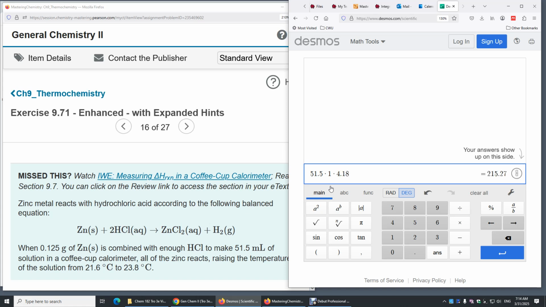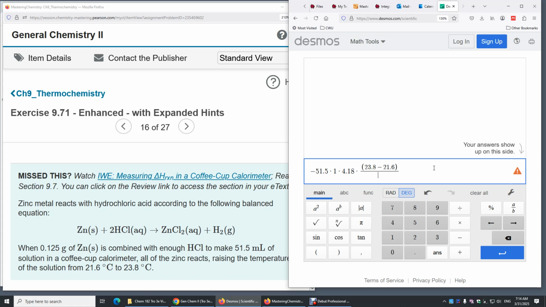It was given to us in the question, 4.18, close to that of water, and then multiplied by the temperature change. We have final temperature minus initial temperature. That's the temperature change. Now we have the amount of heat flowing into the solution. We put a negative sign here, all because heat flows out of the chemical reaction.